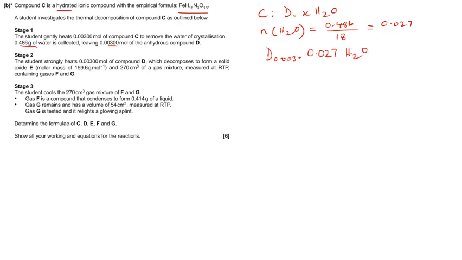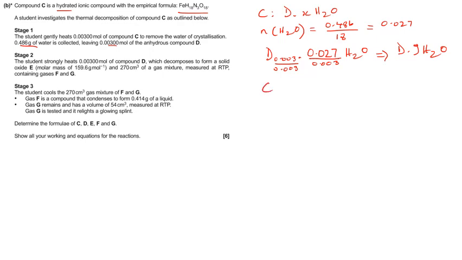But they're crazy numbers, so we're going to divide both by the smaller one, and that gives us 1 D and 9 water molecules. So we know X is 9, and now we can subtract 9 water molecules, or 18 hydrogens and 9 oxygen atoms, from C.